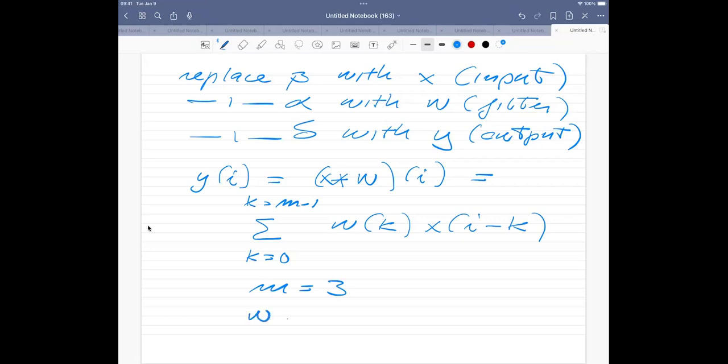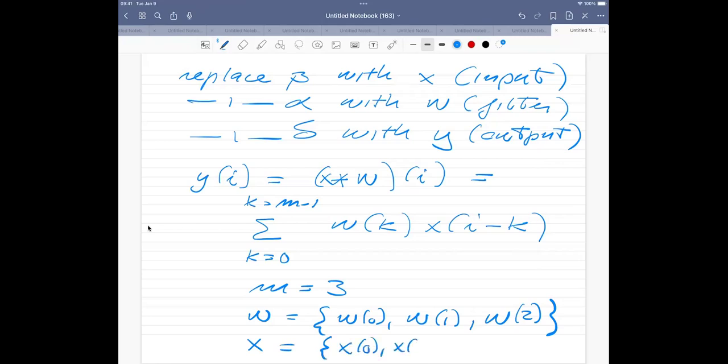So w contains w0, w1, w2. This is now representing, in this specific case, a second order polynomial. So it has 3 elements, right? x is a third order polynomial, and then it has 4 elements, okay? So x is simply given by x0, x1, x2, and x3. So this will be the same as we had before as alpha 0, alpha 1, and this will be alpha 2 here.